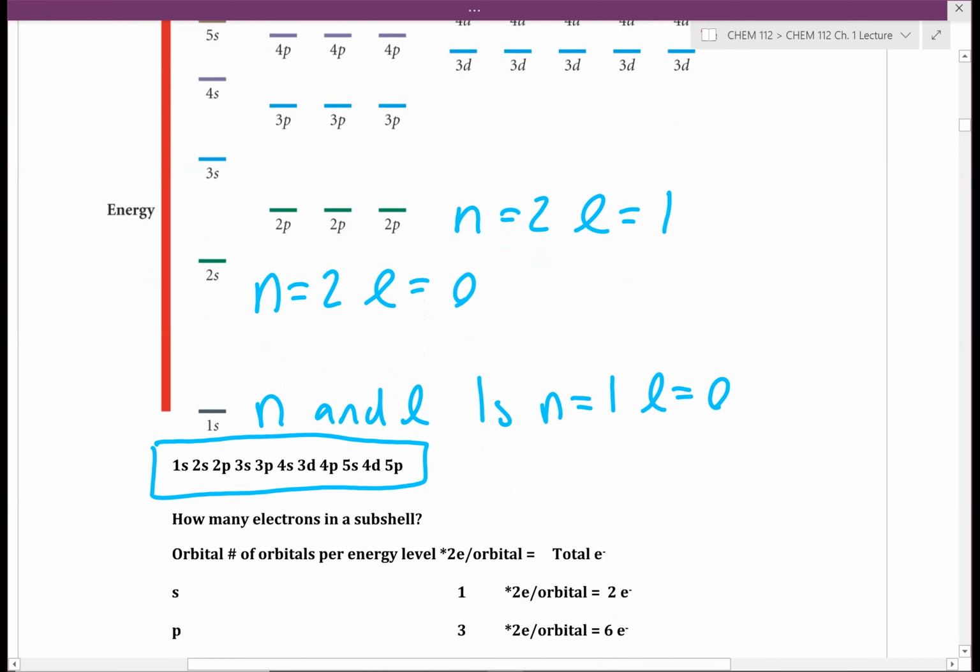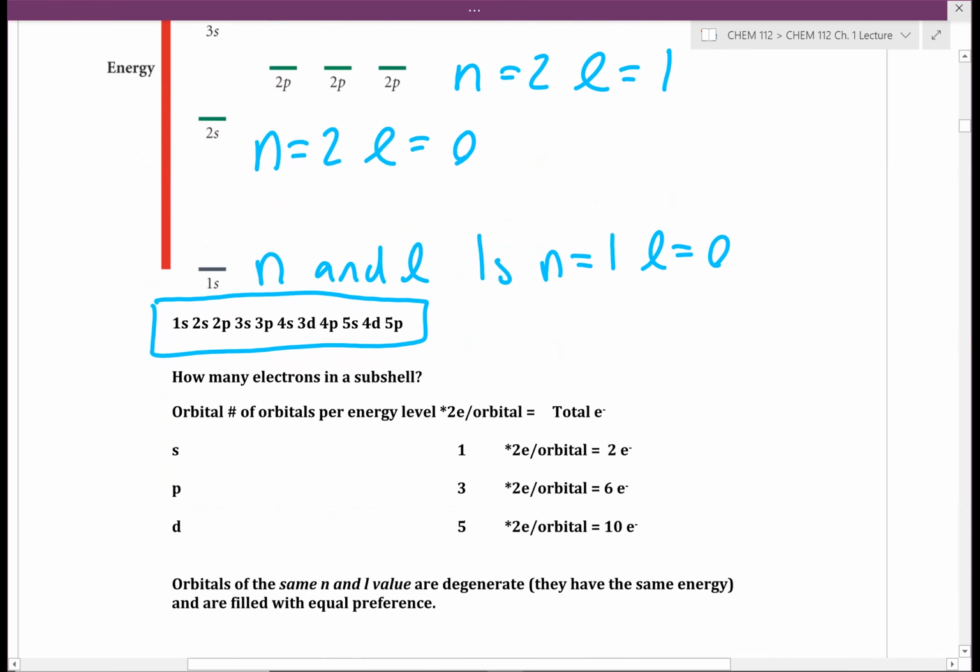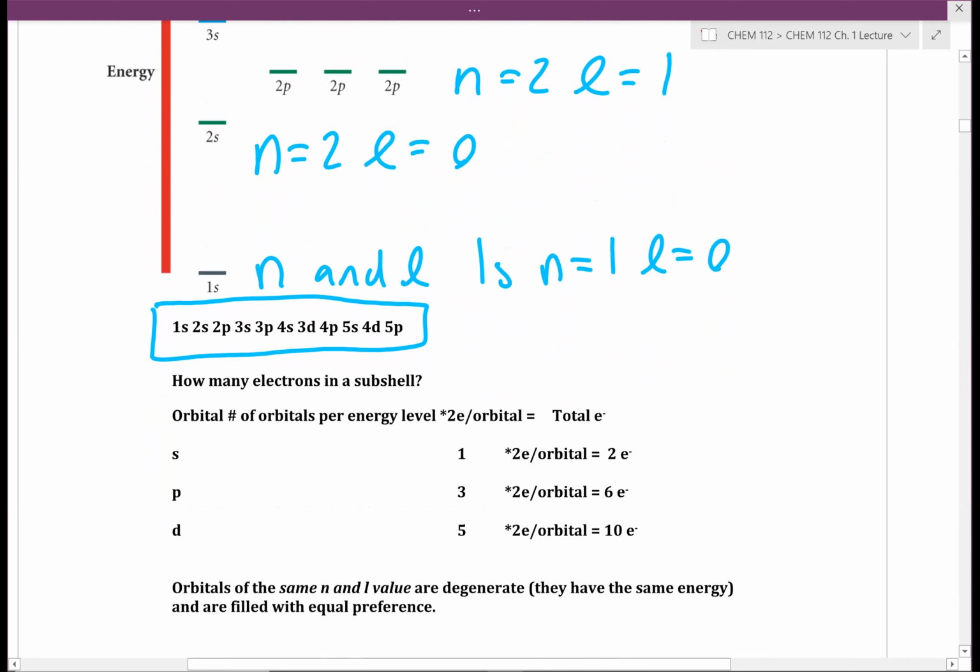So our next order of business is to figure out how many electrons in a subshell. So our goal is to figure out for a given subshell, for a given l value, how many electrons do we have? And, well, how many electrons can we fit in an orbital? Two, right? We can fit 2 electrons per orbital. So all we need to do is figure out the number of orbitals for that l value.